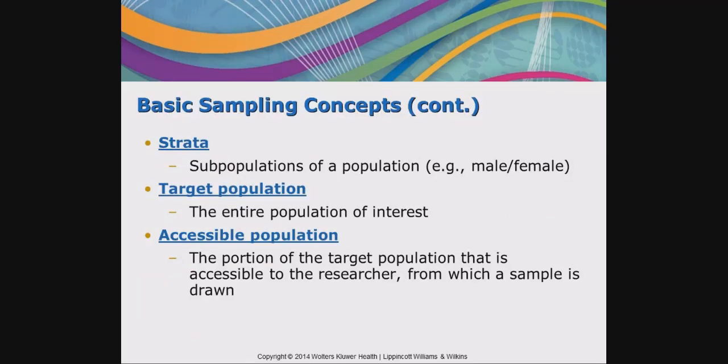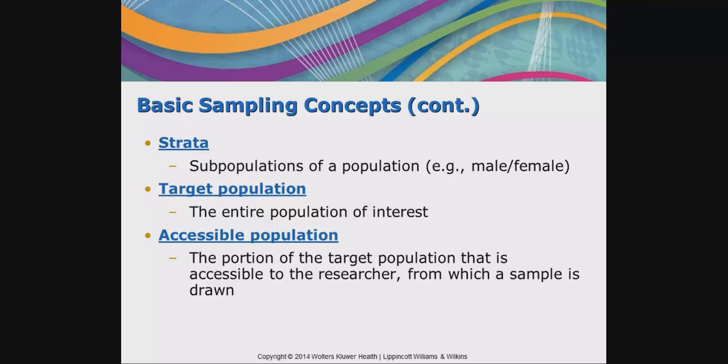So here are some concepts to understand, to kind of get a part of your DNA here. There are strata, subpopulations of a population. For example, there are the fabulous UMMC RN to BSN students. There are those of you who are different in age, clinical specialty, gender, brown eyes, blue eyes, etc. So that's the strata of our population.